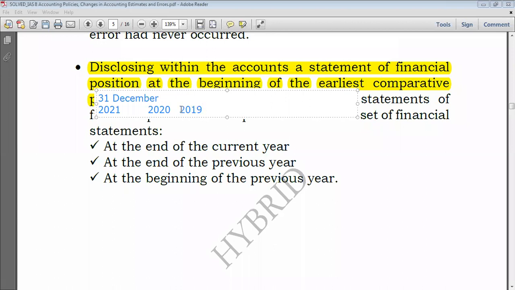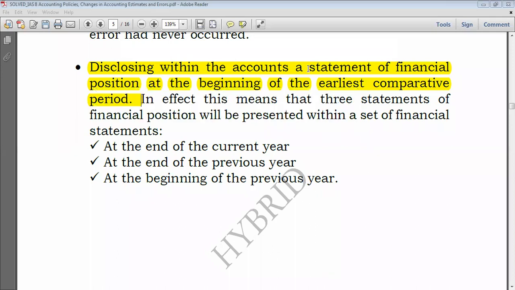This is the earliest period presented, this one, 2019. You will also have to prepare financial statements at the beginning of 2019. At which point they would most likely be the same as at the end of 2018, if, let's say, things like revaluations have not taken place at the beginning of the period. So it would be like this, just the beginning of 2019. You would have to state that too.